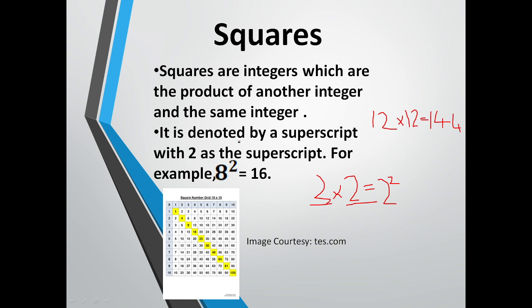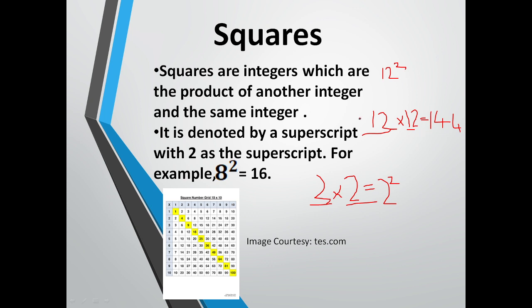So we can represent 12 into 12 as 12 squared also, because there are two numbers being multiplied together. Whenever you see two numbers which are the same in multiplication, you can say the number, whatever the number is, squared.